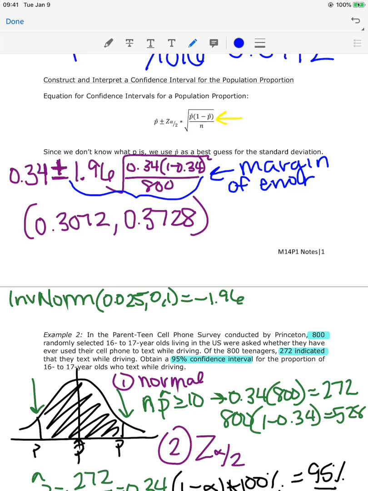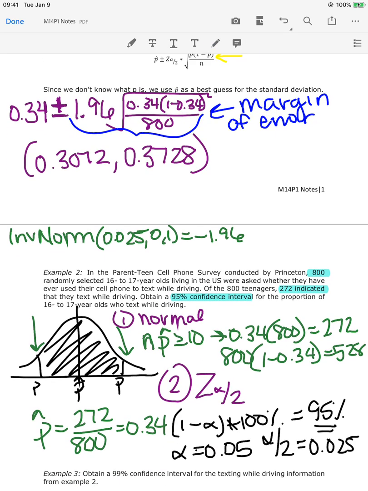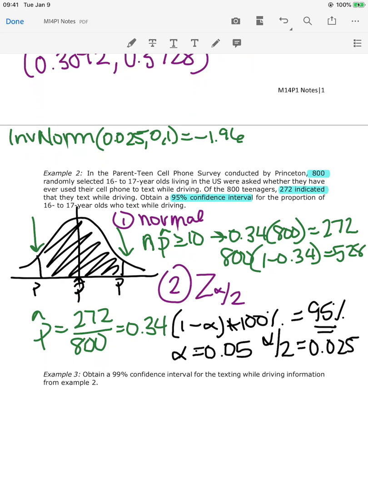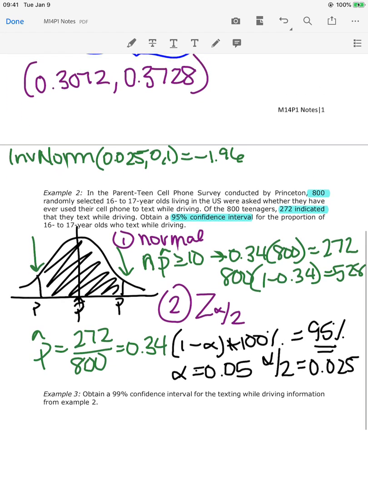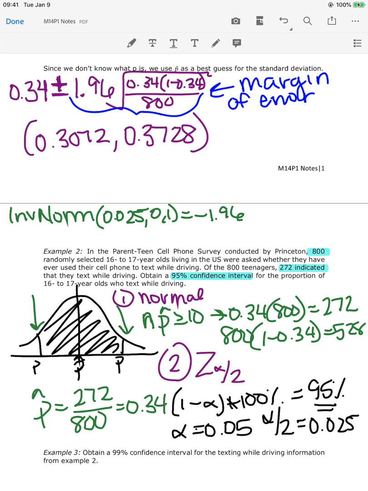This 1.96 is how the 95% confidence interval comes in, and then our estimate for the standard deviation. I'll try and flesh the steps out a little bit better in the second example that we're going to do. But let's go ahead and look at how we would interpret what we just found.